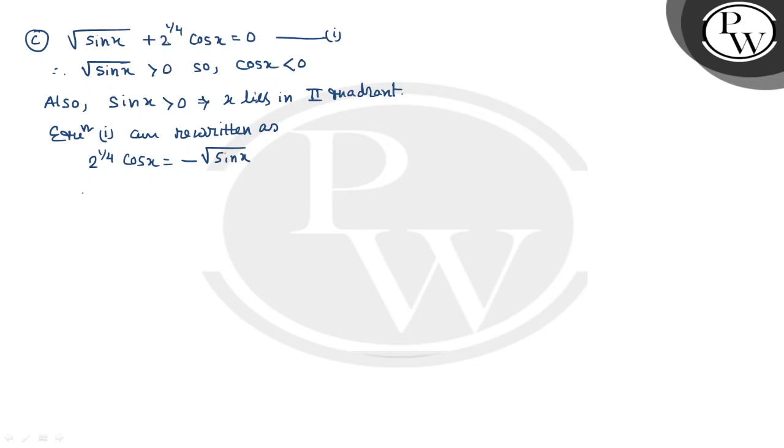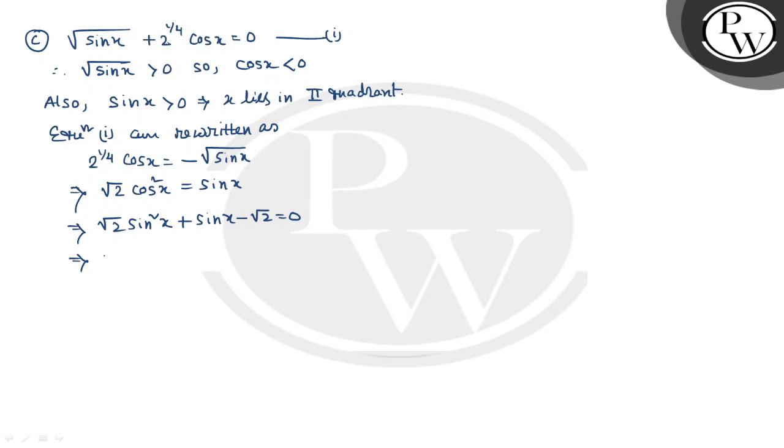If you square both sides, you get 2 root 2 of cos square x is equal to sin x. So this is also written as root 2 sin square x plus sin x minus root 2 is equal to 0.